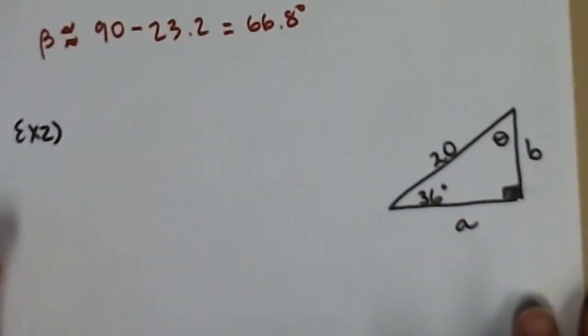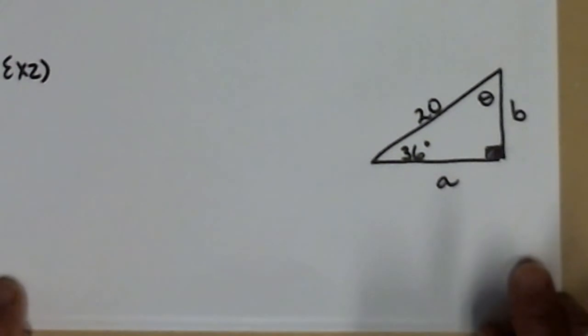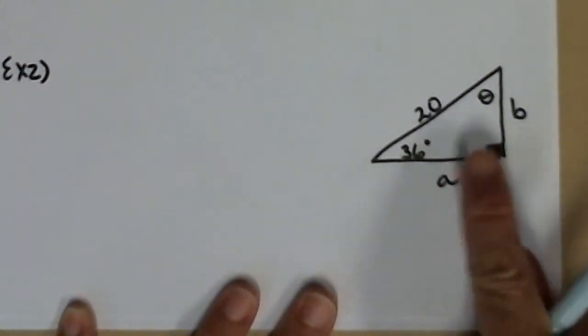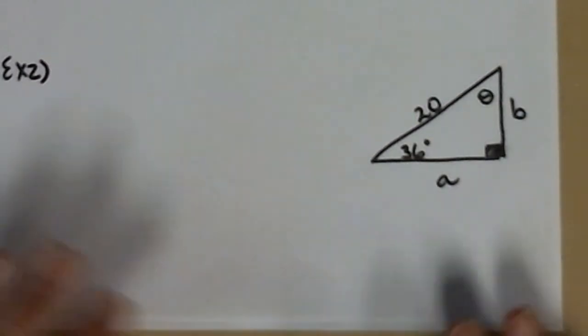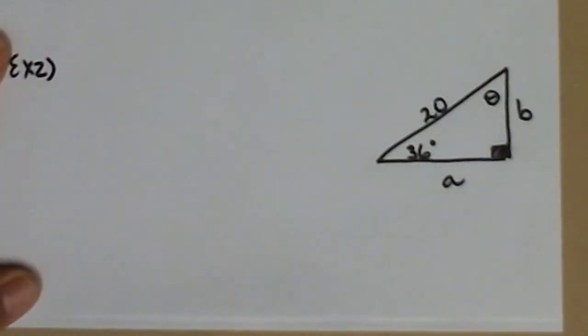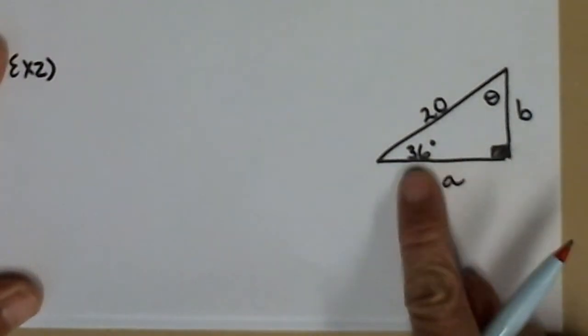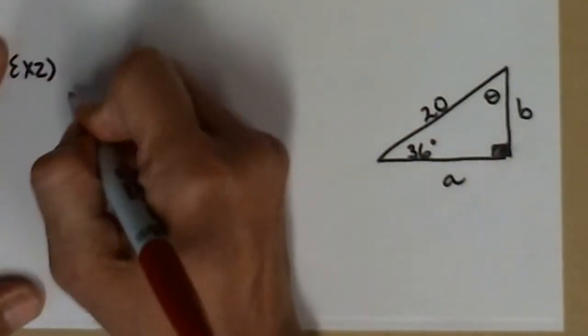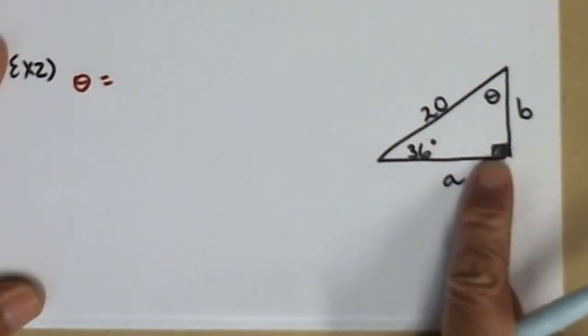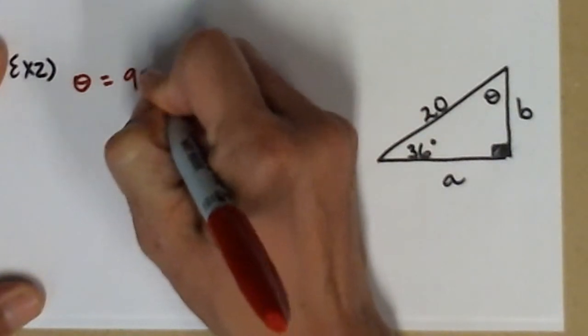Okay, last example. So here's the new triangle. This time I know the hypotenuse and one angle, and I need to find the two legs and the missing angle. So let's see, the sum of the interior angles is 180 degrees. I've got 90, I've got 36. So I could find theta by subtracting. So I have 90 minus 36.